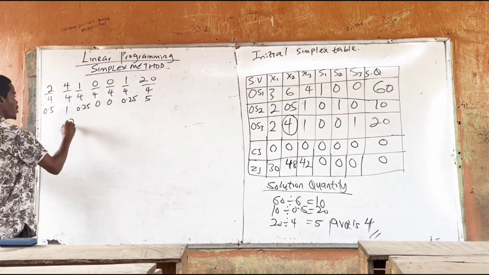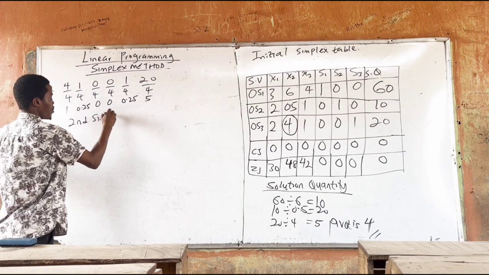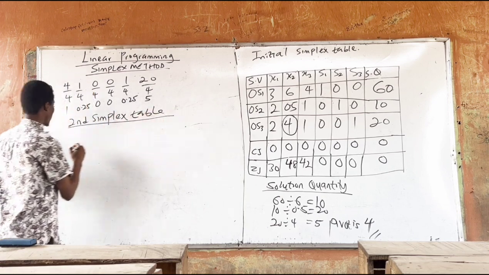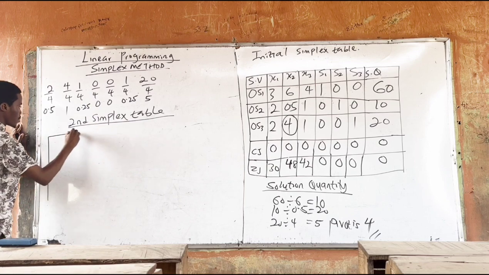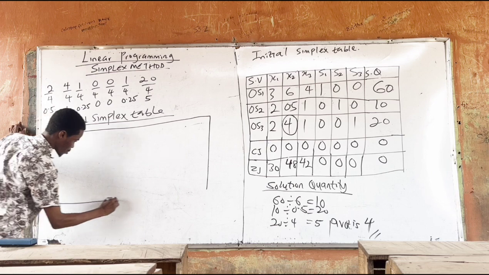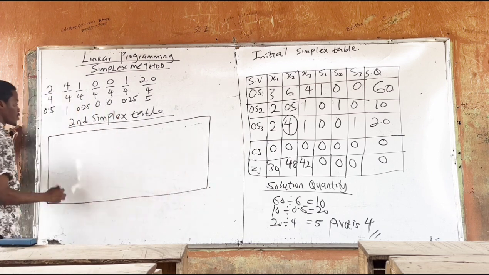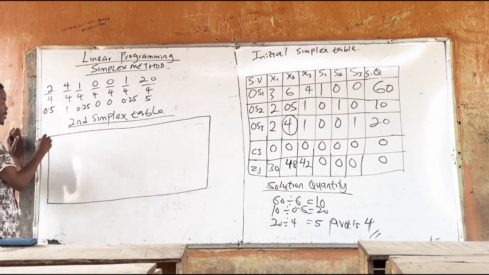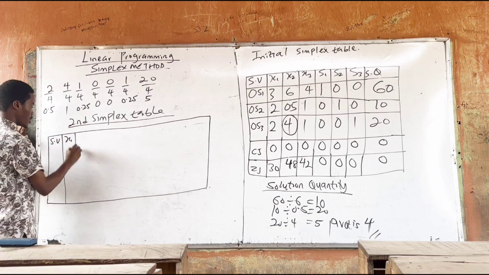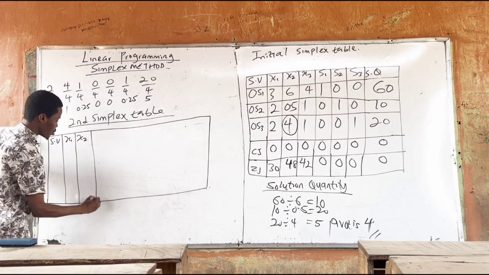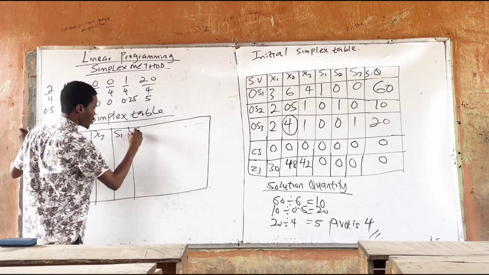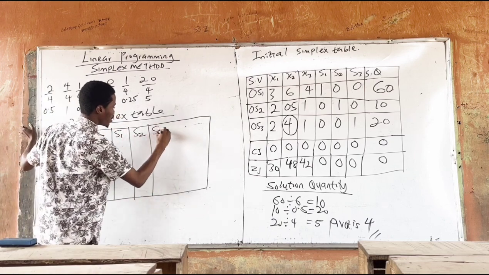So this is my second simplex table. I'm going to write solution variable, then x1, x2, x3.